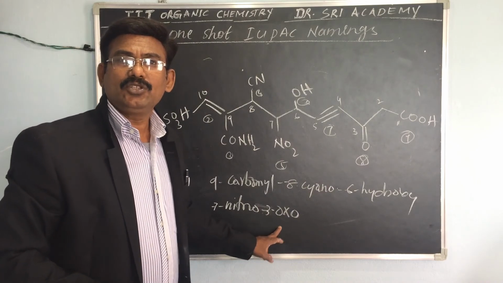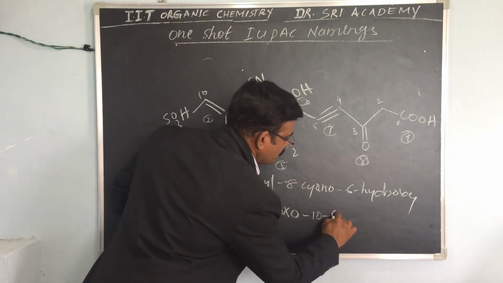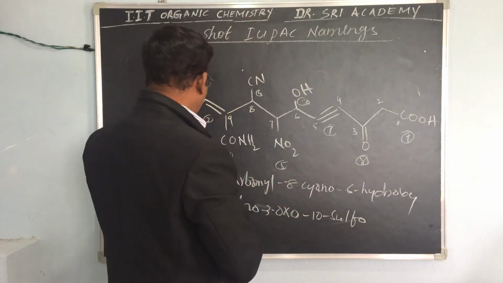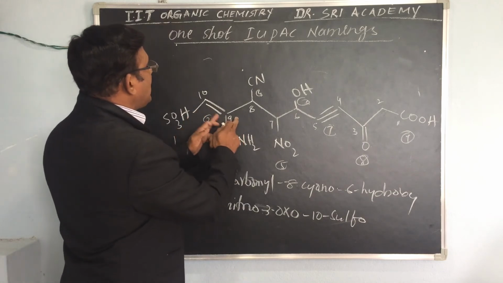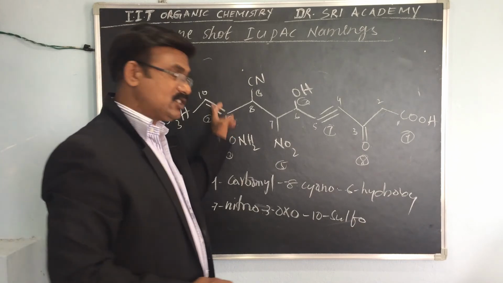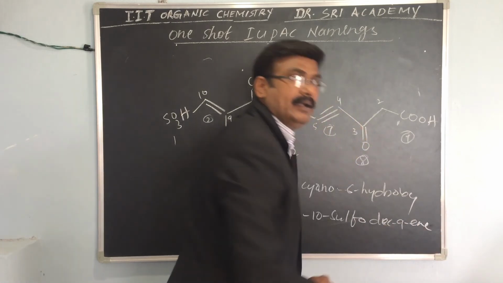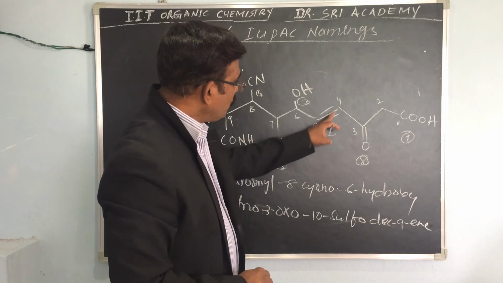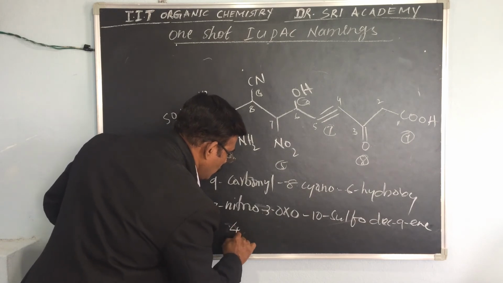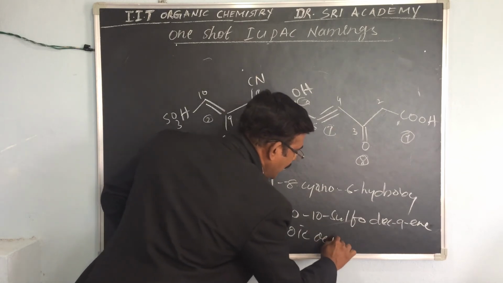The 10th position is the sulfo, 10-sulfo. The 9th carbon contains the double bond, and a 9-carbon chain means dec, so dec-9-en. Then the 4th carbon contains the triple bond, 4-yn, oic acid.